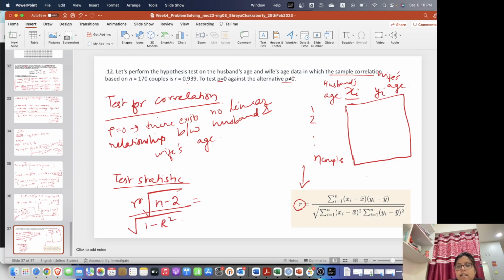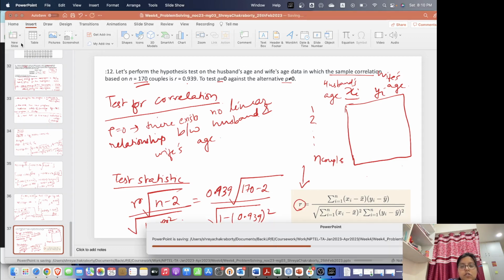So here, the value is 0.939 into root over, how many n's have they tested? 170. So it will be 170 minus 2 by root over 1 minus 0.939 whole square.